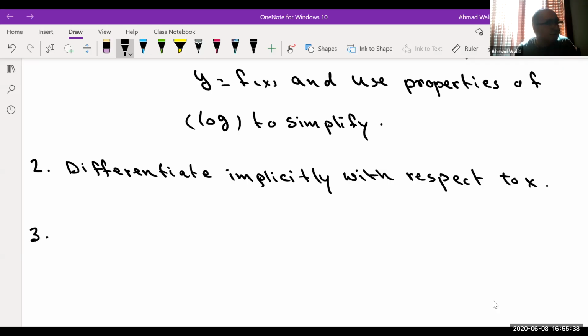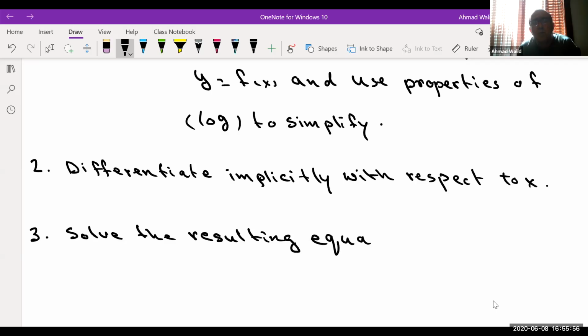Step 3, sorry, not problem number 3. Solve the resulting equation for dy/dx or y prime, whatever you name it, y prime or dy/dx.